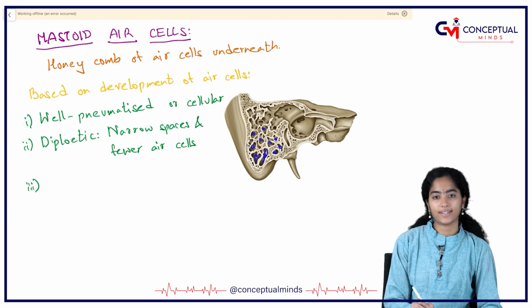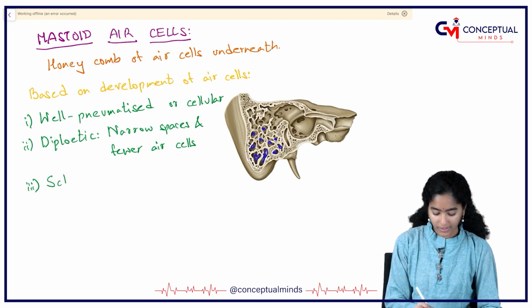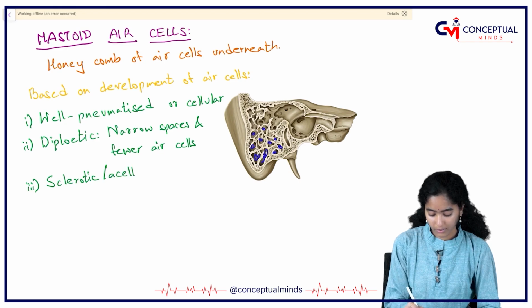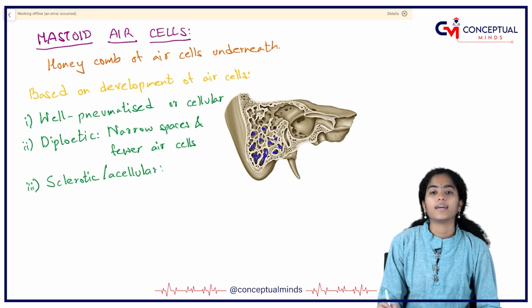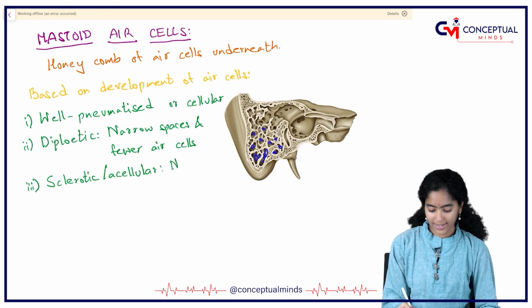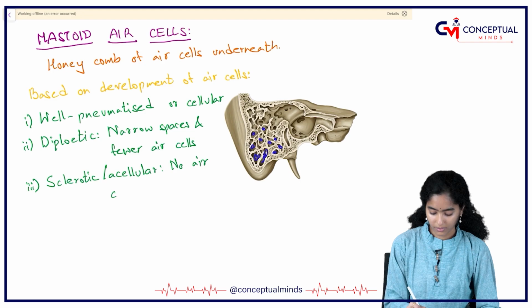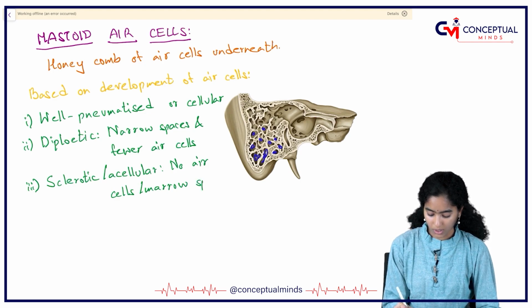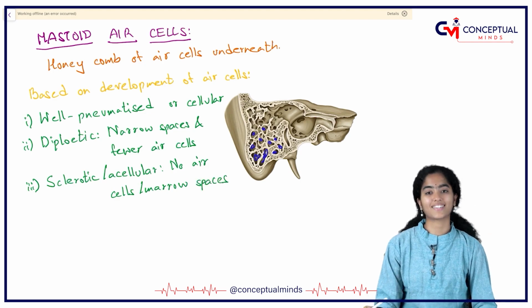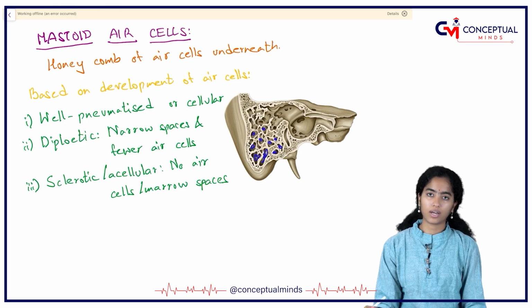And the third variety is the sclerotic variety or acellular variety. In this, there are no air cells or marrow spaces. Most well developed is well pneumatized or cellular, and the least developed is the sclerotic or acellular type.